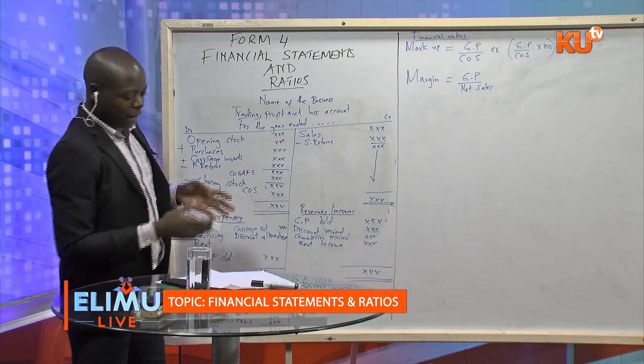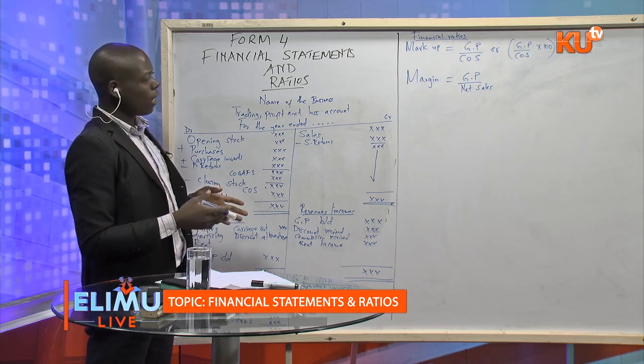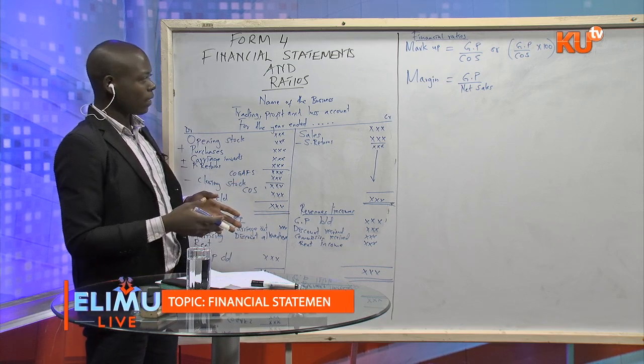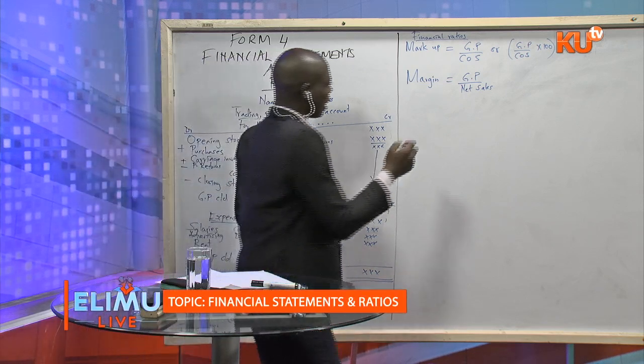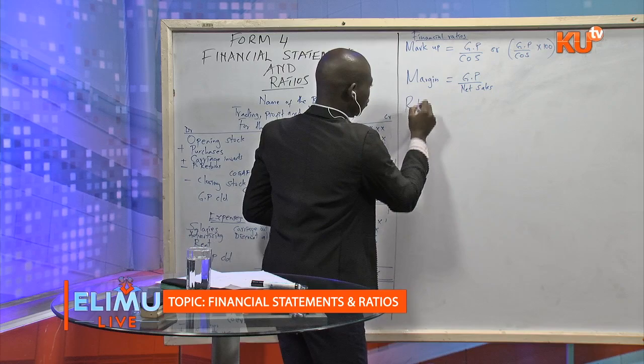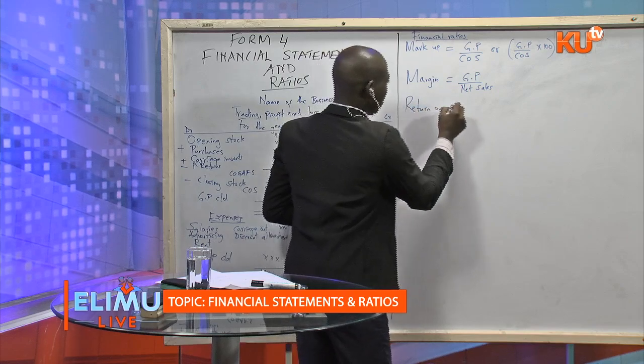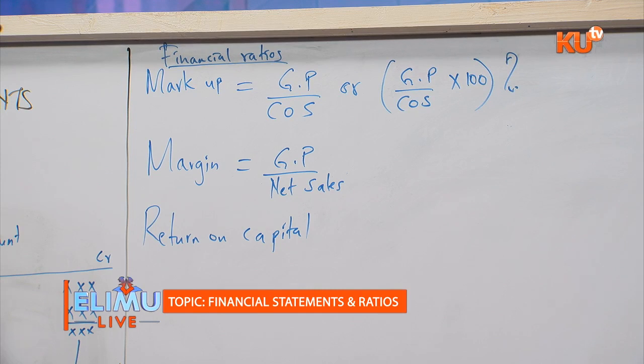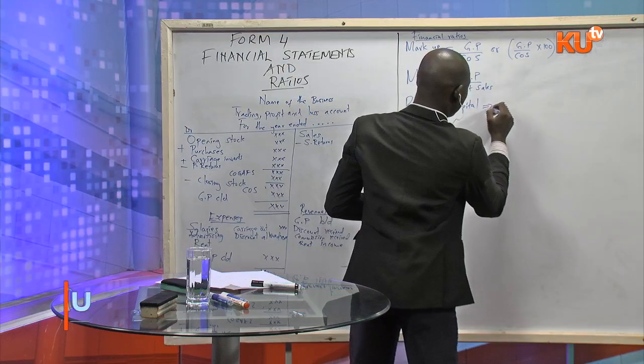Now, remember, the main purpose of a business is to make profit. And so when we are calculating, we need to remember there's also what we call return on capital. How do we calculate return on capital as a ratio?